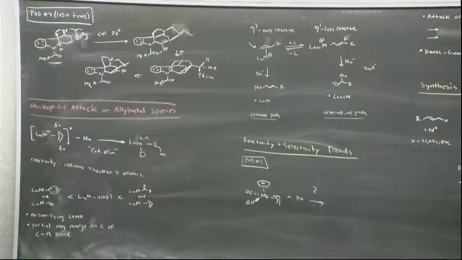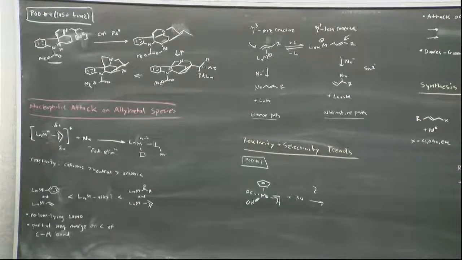We'll get into this in just a minute, but I'll just make a general comment now. There are different metals that are used in catalytic allylic substitution. Palladium has been the most extensively studied and has its own unique reactivity trends.